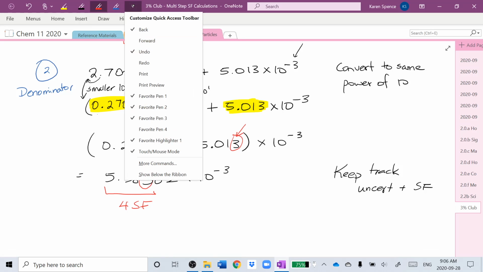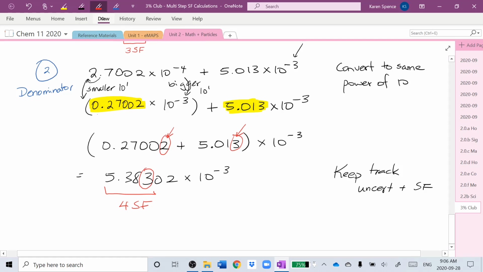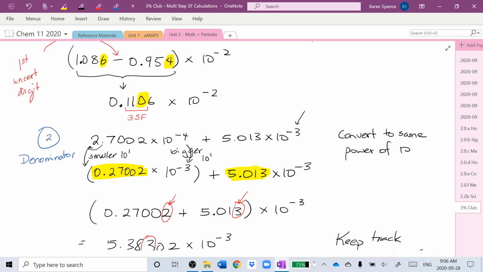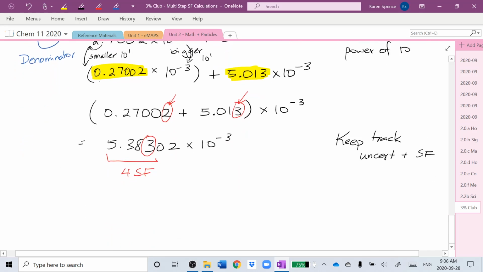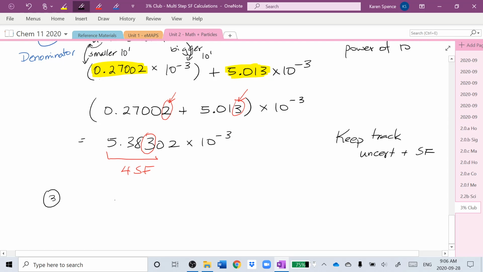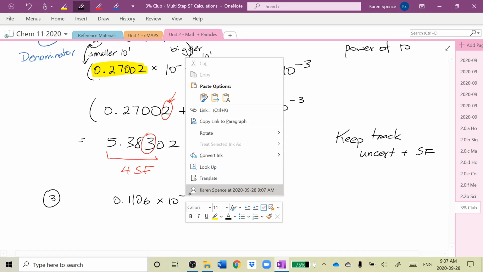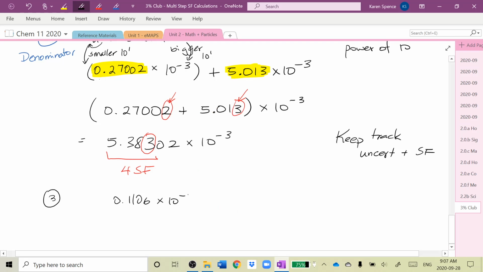Okay. So our numerator, I'm going to highlight that in blue. Our numerator, and I don't care that it's not in scientific notation at this point. I'll worry about that at the end. Okay, so our numerator, 0.1106 times 10 to the negative 2. Sorry, there's this button on my pen that's right where my thumb is.